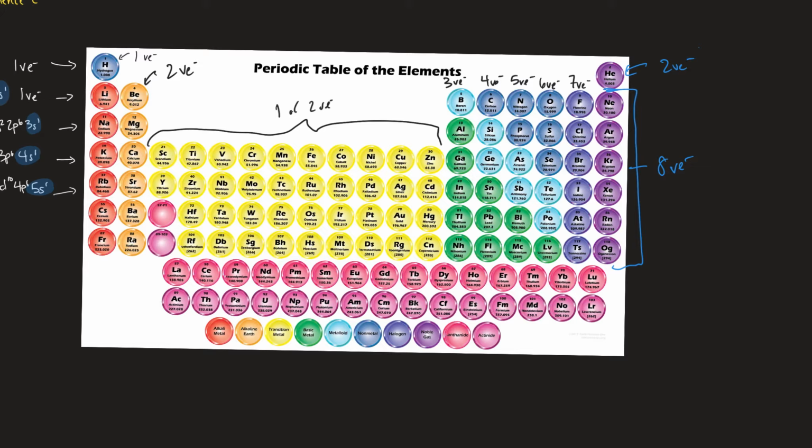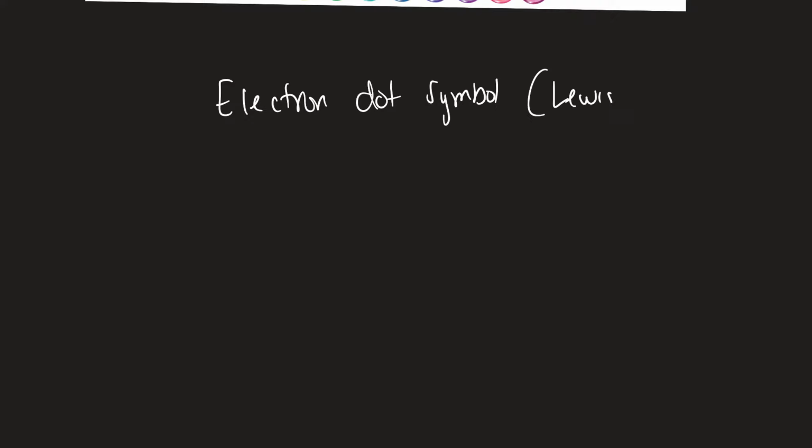Okay. Now, we also notate in a picture format the amount of valence electrons something has. This picture format we simply call an electron dot symbol, or sometimes it's called a Lewis dot symbol.